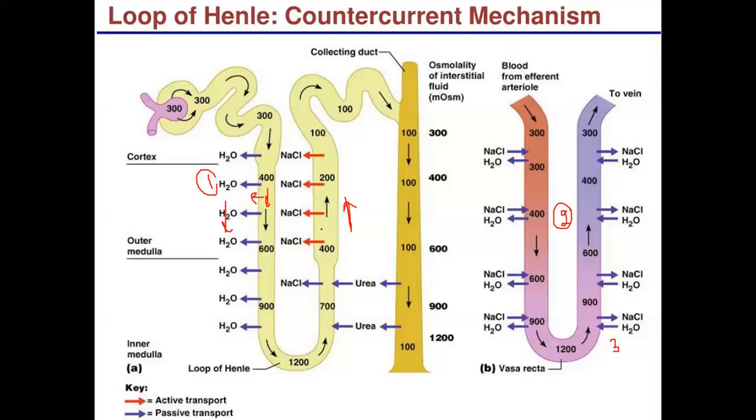But active or passive, only salt is coming out. So now in the Henle's loop, salt is not there because salt has moved out. So it becomes hypotonic. As it moves up, its osmolarity decreases from 1200 to 100 milliosmol. So it is very dilute now.